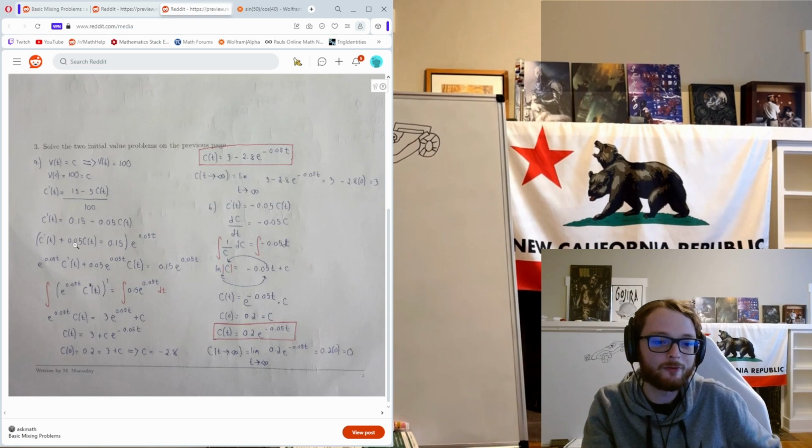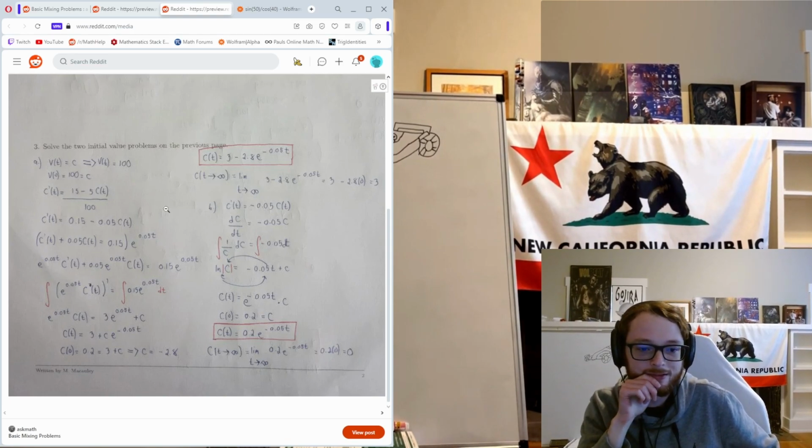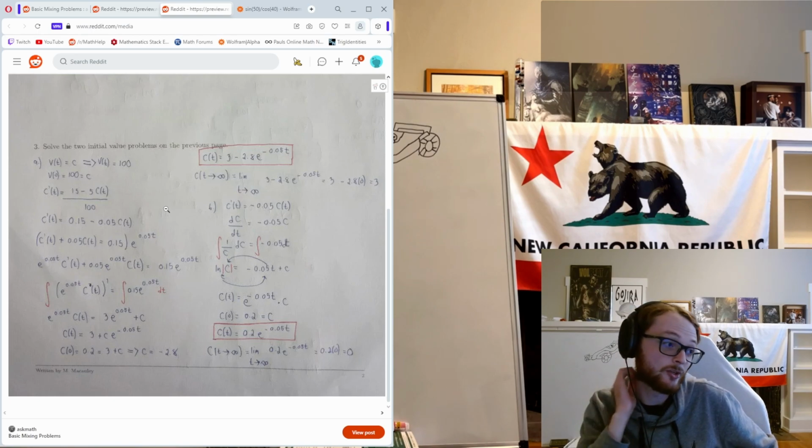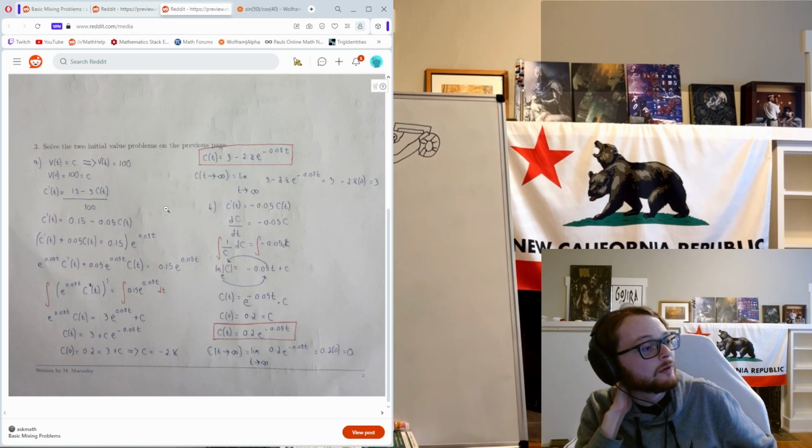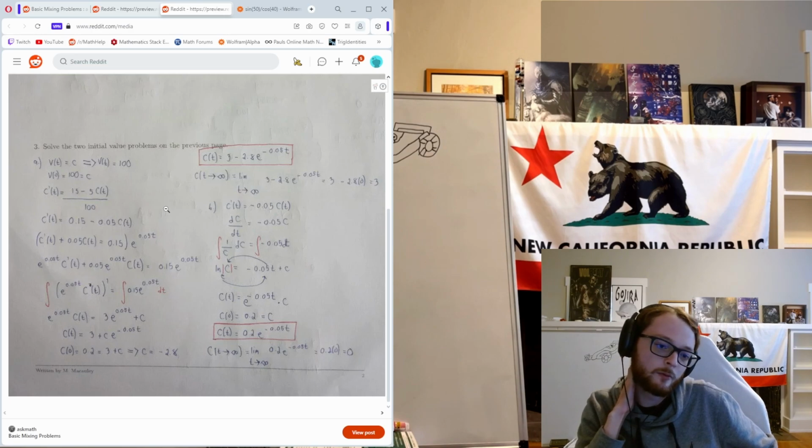Why are there parentheses like that? I don't think this is actually separable. It's just a non-homogeneous ordinary differential equation, linear.